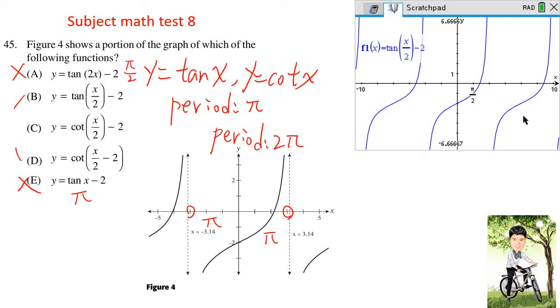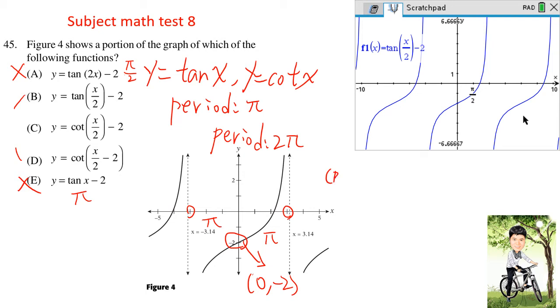Then we check options B, C, D by the graph. We note the important characteristic here: the point (0, negative 2) is on the graph, on the y-axis. We check it by calculator.